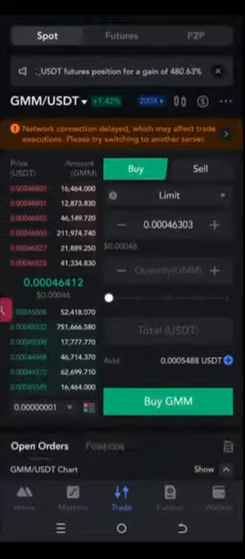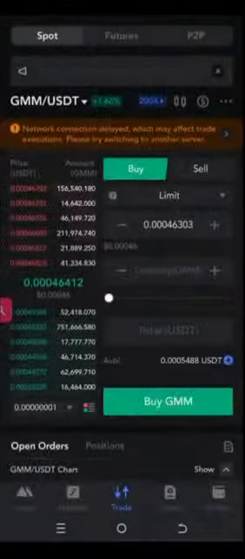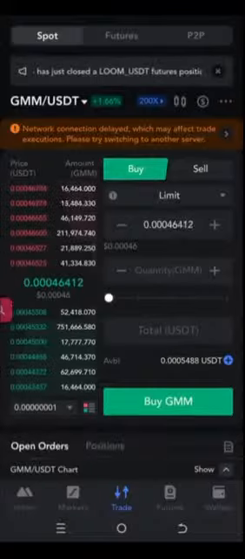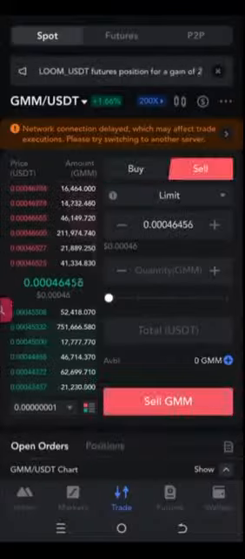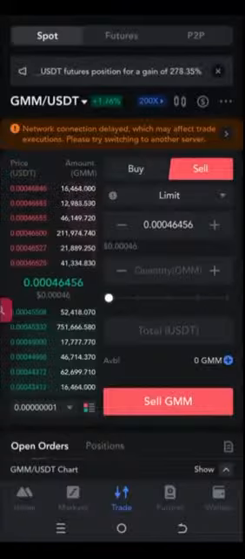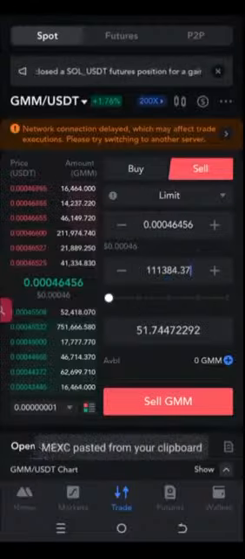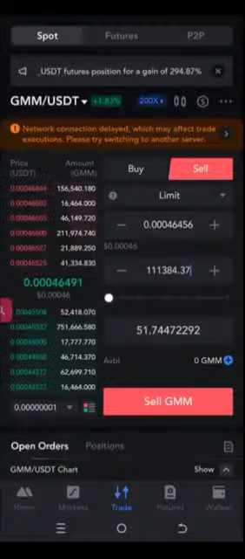So first off, this is the current price. Let's click on that. We want to sell. Okay, this is the sell part. Then we place in our GMM. Okay, oh, that's $1.74. That's looking like almost 3% plus.